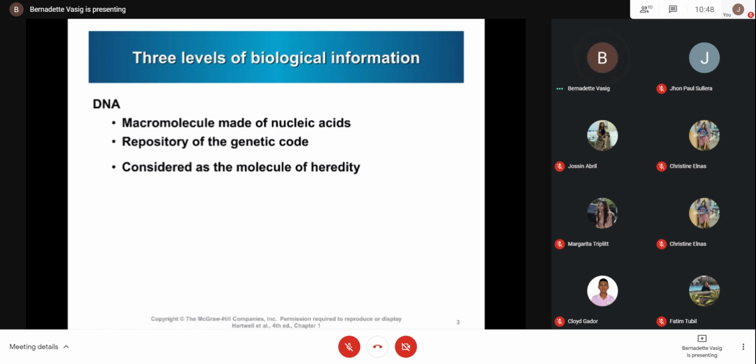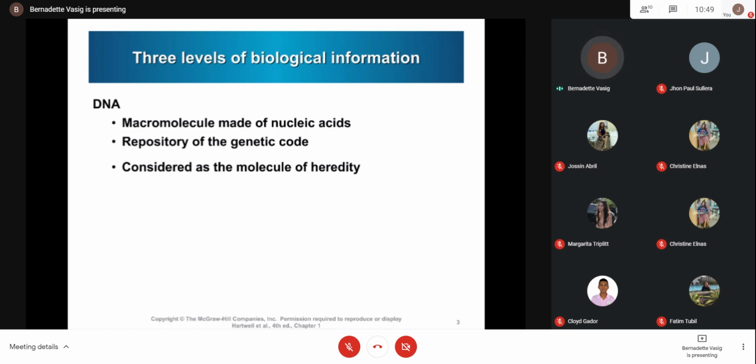And then, in terms of function, they also differ. So DNA carries the genetic information. At the same time, it directs production of proteins that are necessary to maintain life. DNA, aside from being the repository of genetic information, is also considered the molecule of heredity.